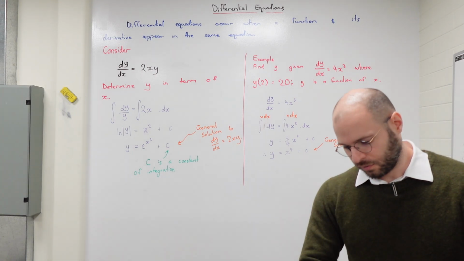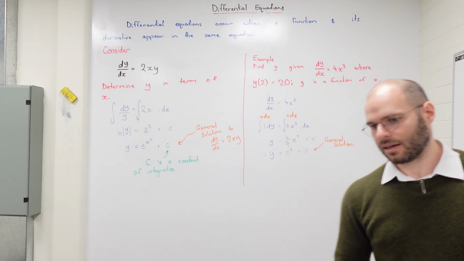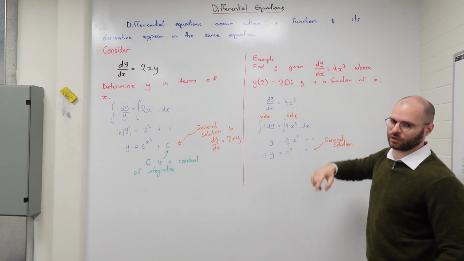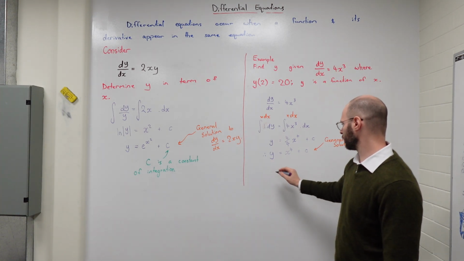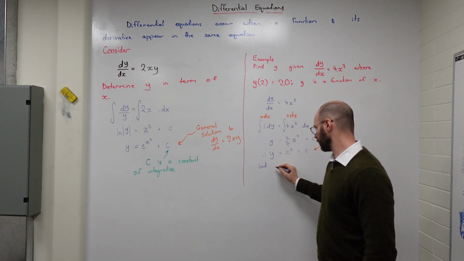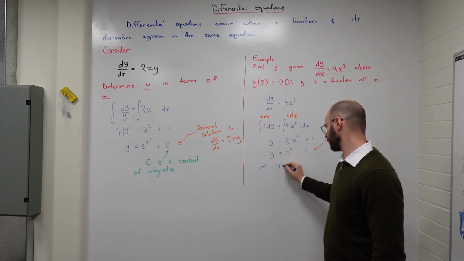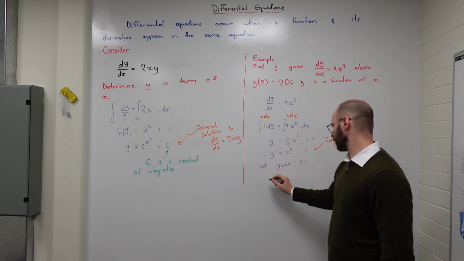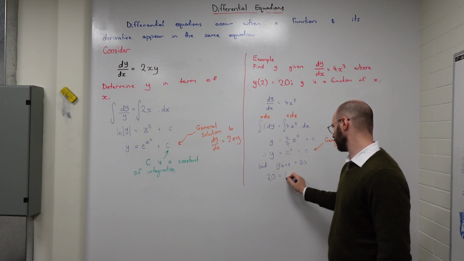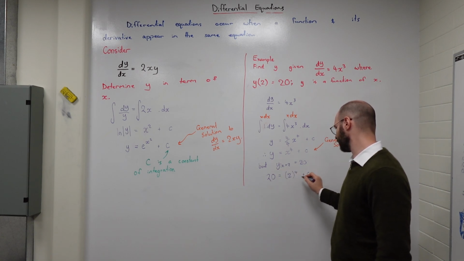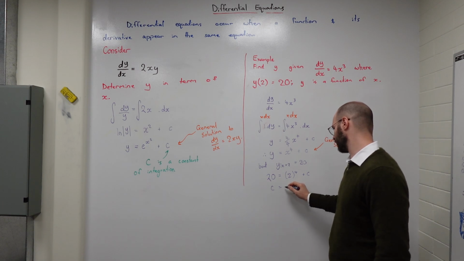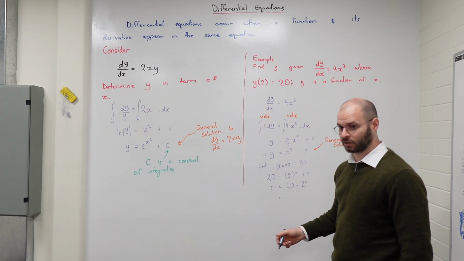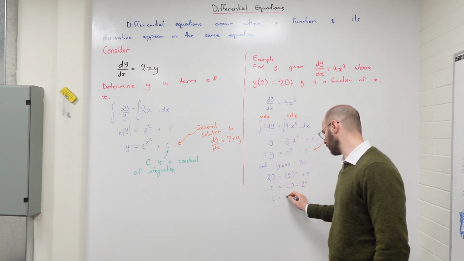But we can do better in solving this, can't we? Because we know something particular about this equation. What do we know? When x equals 2, y equals 20, so y of 2 equals 20. What this infers is that we can go 20 equals 2 to the 4 plus c. c is going to be 20 take 2 to the 4, and 2 to the 4 is 16, so c equals 4.